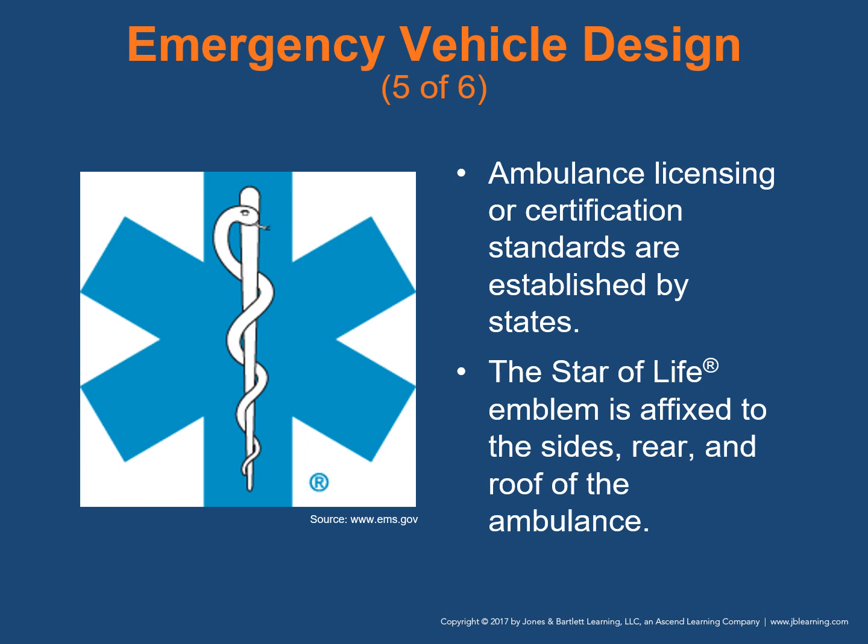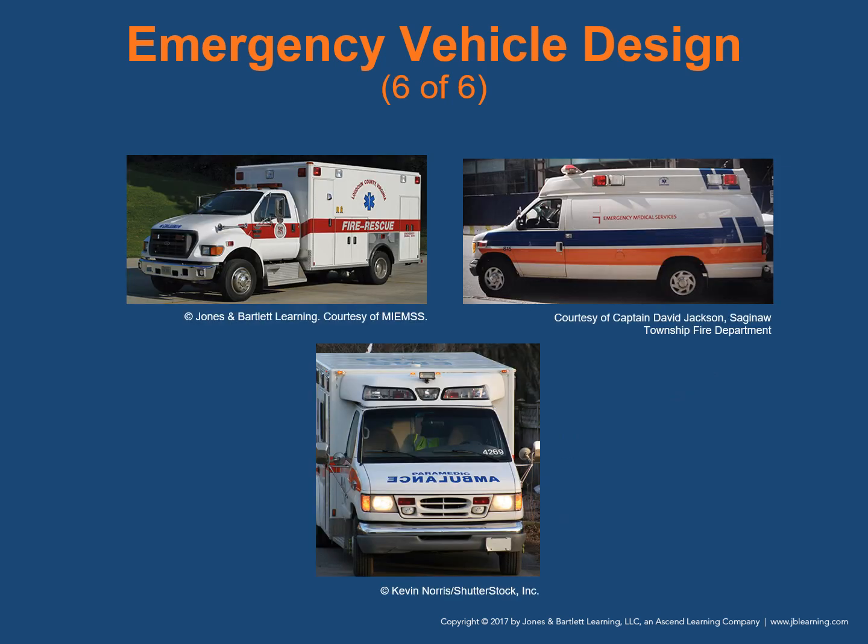Local or state regulatory authorities determine which emblems may be displayed on the side of a pre-hospital care ambulance. These figures show the different types of ambulances, and these were outlined in the previous diagram that I showed you 2 slides ago.